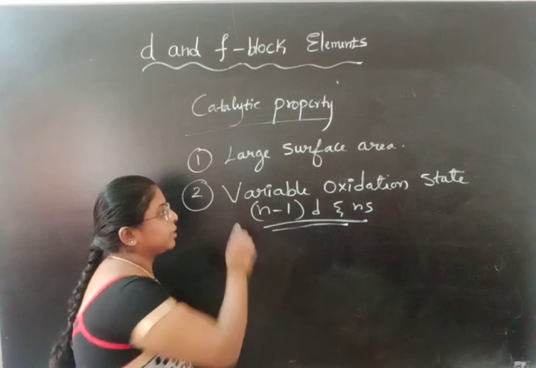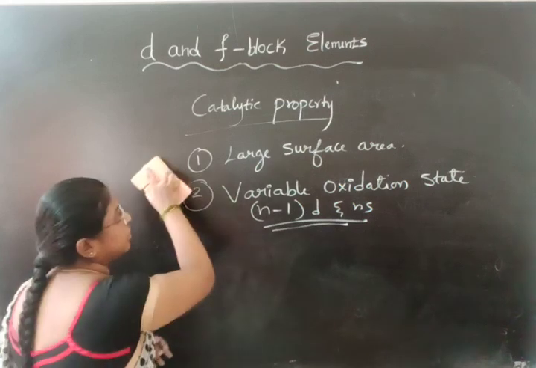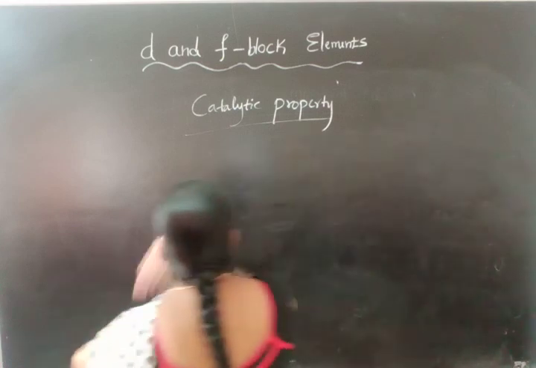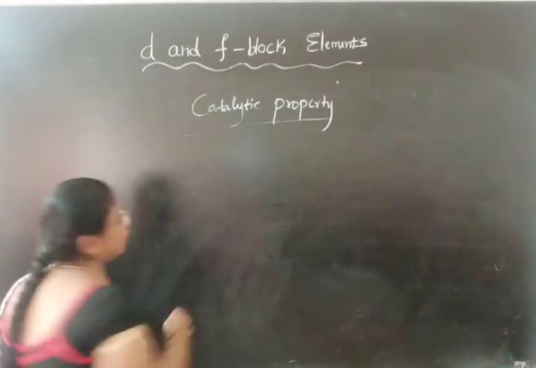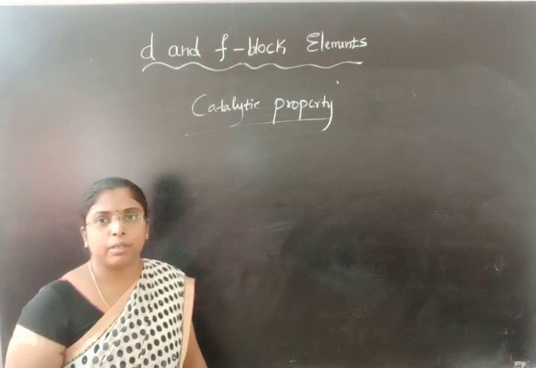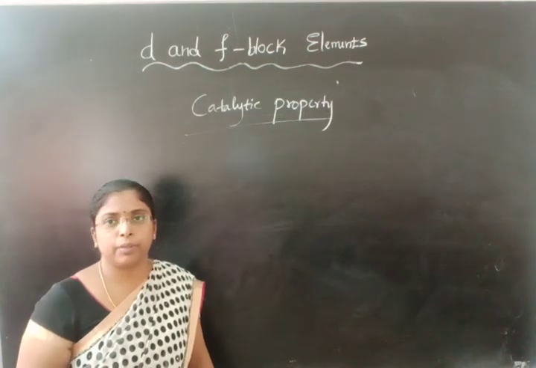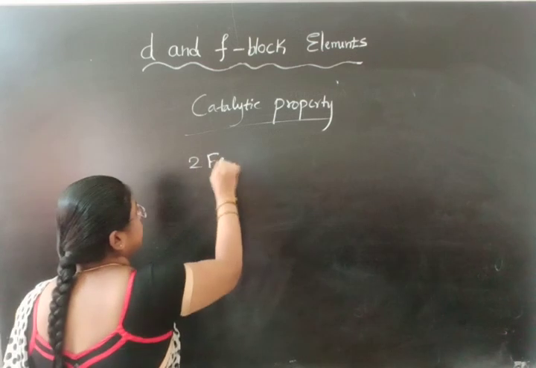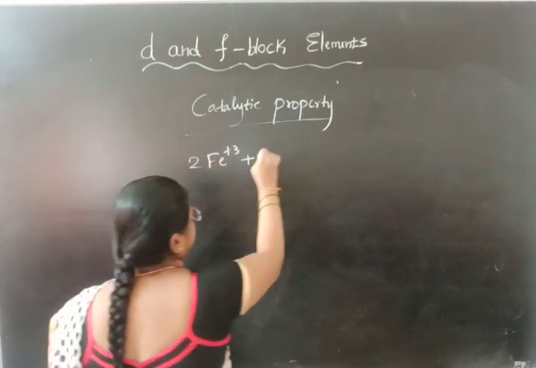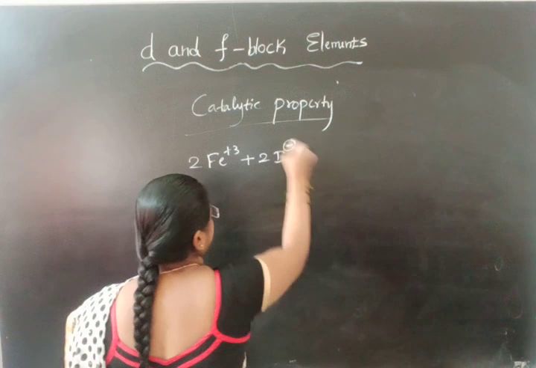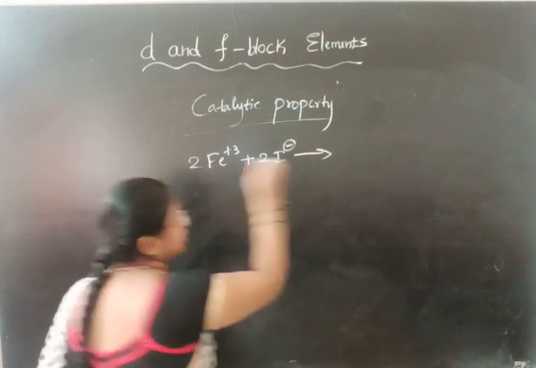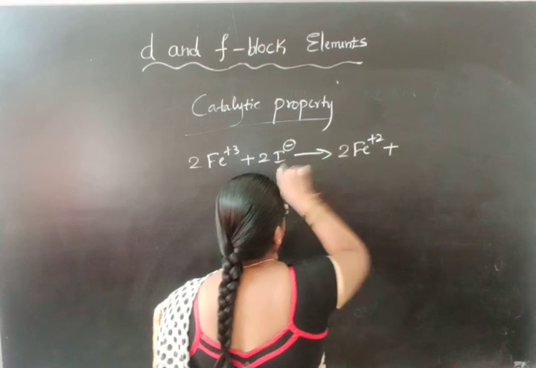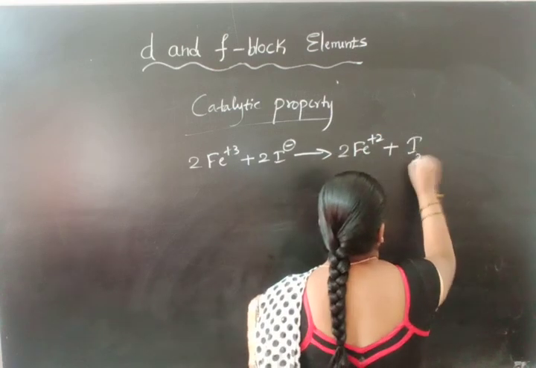Let us see one example of how it acts based on the variable oxidation state. Take the reaction of iodide with peroxodisulfate in the presence of Fe3+ as a catalyst. Fe3+, when it reacts with iodide ions, gets converted into Fe2+ and iodide converts into iodine.